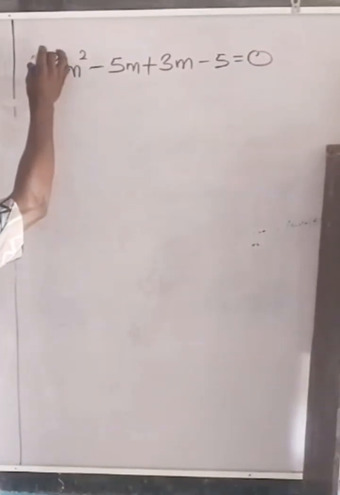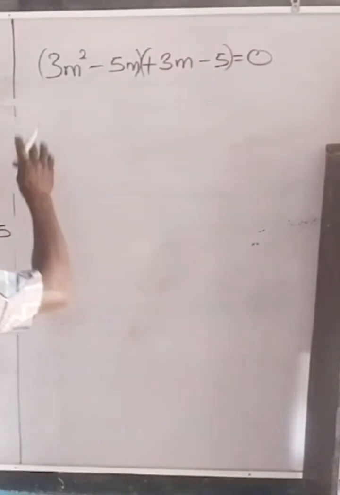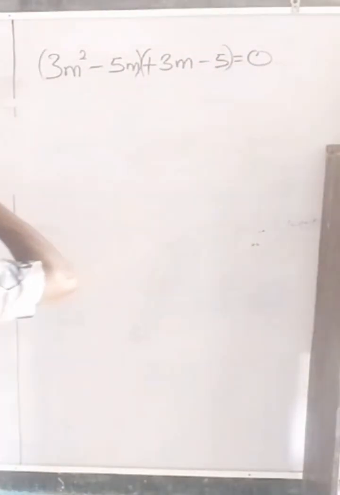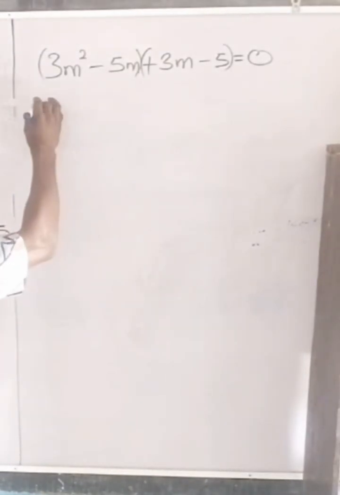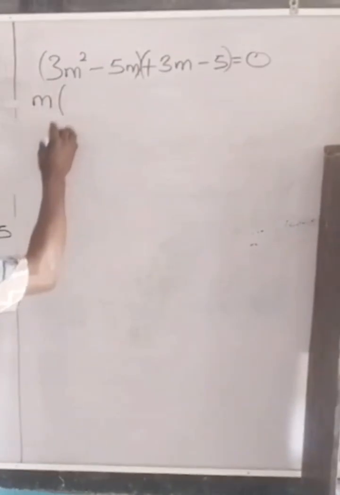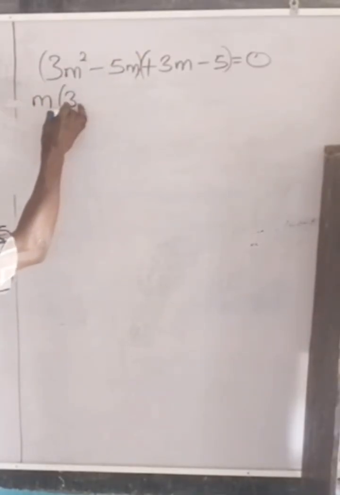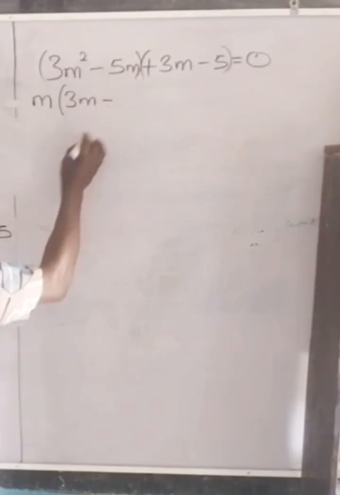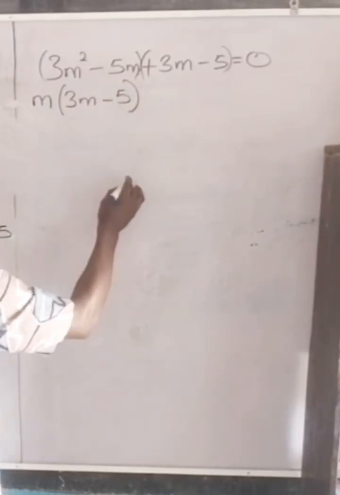Now we are going to group this way. From the first group, we are going to factorize, and by factorizing, m is common. We bring out the m in brackets, and if we strike out the m, you have 3m - 5 in brackets.